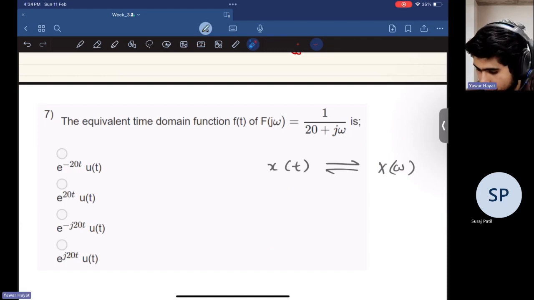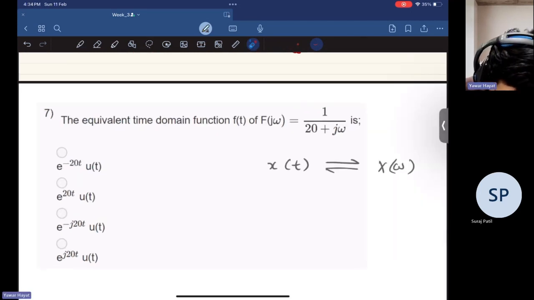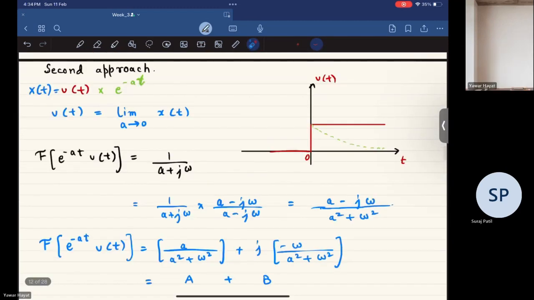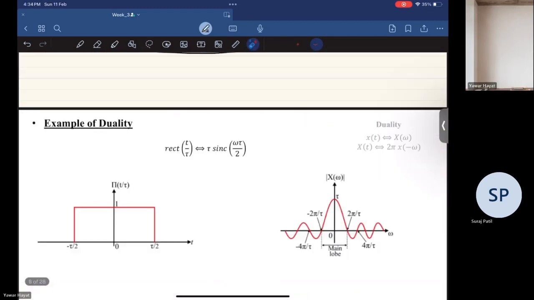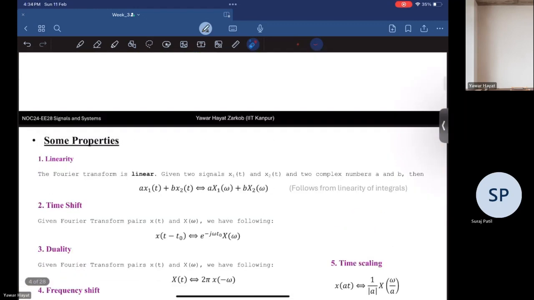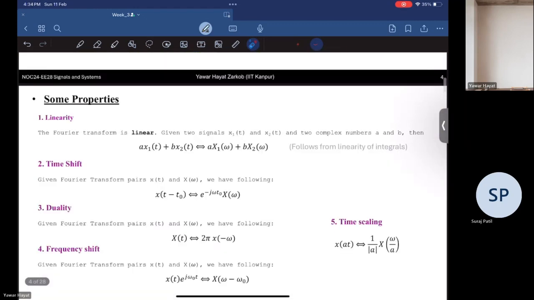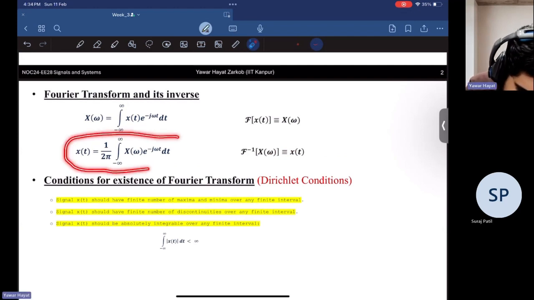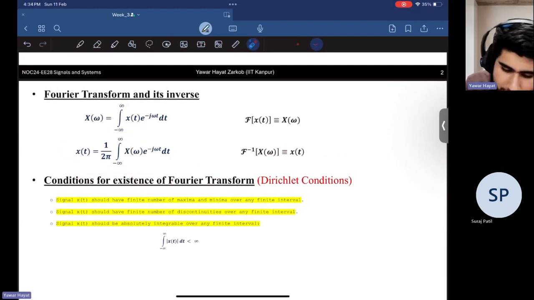One way would be to use the result by definition. The inverse Fourier transform is this by definition.